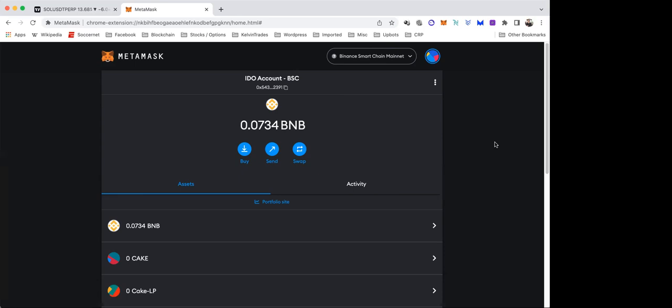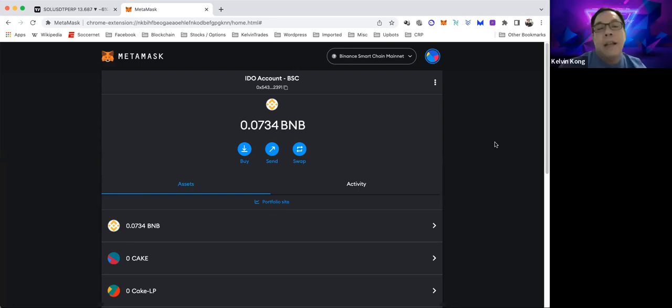Oh, I see. As I mentioned earlier, your coins are not stored in MetaMask. They are actually stored on the blockchain. MetaMask is just a software to connect you to your coins in the blockchain. You get what I'm saying?